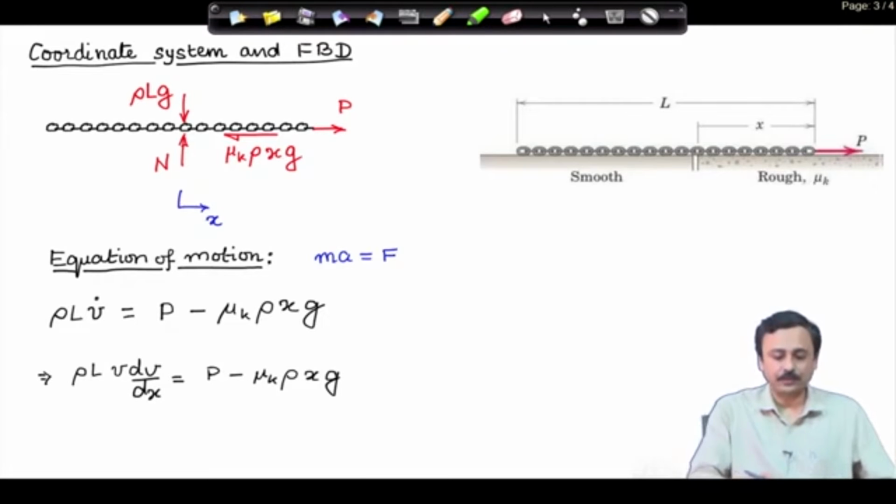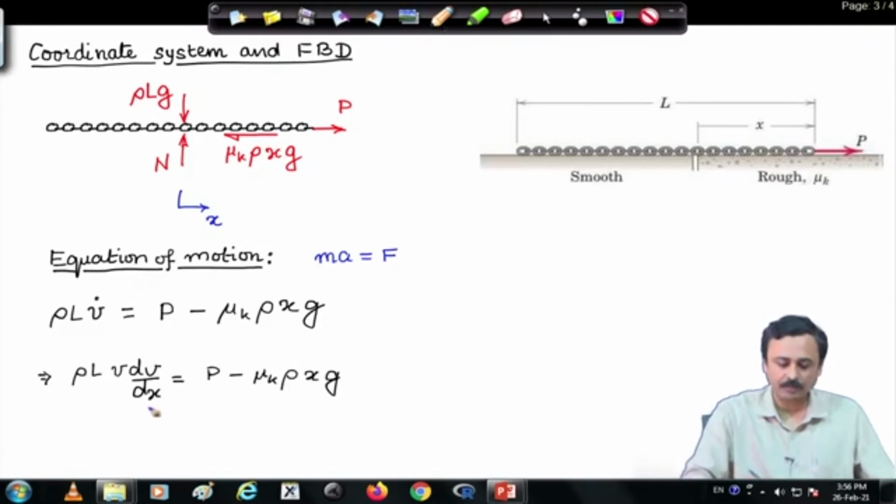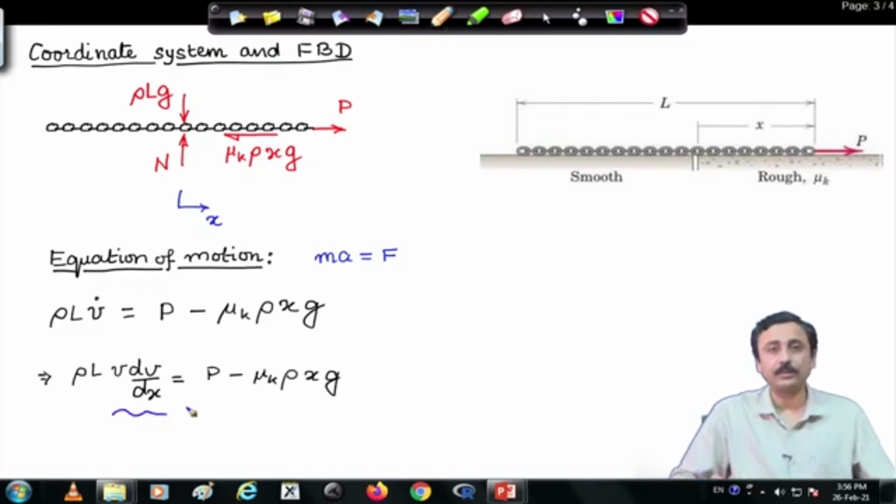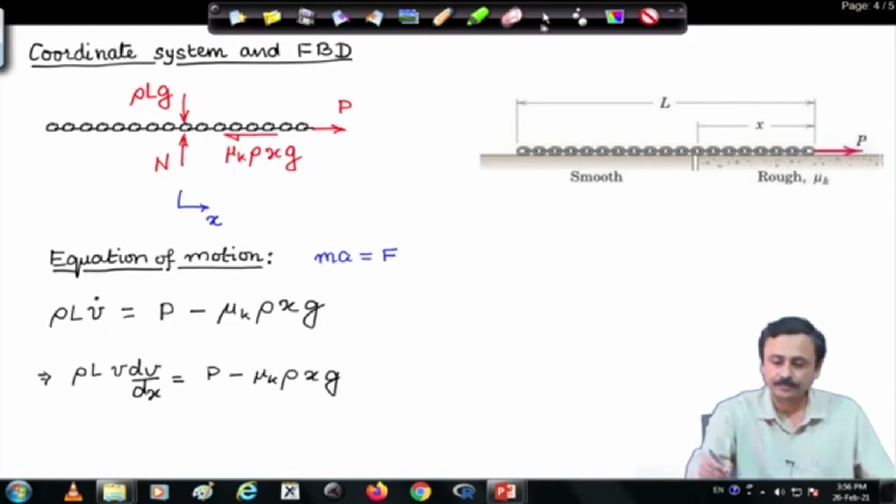Now, here you see that v dot, which is acceleration, is a function of x. Because it is a function of x, therefore, I transform the acceleration to v dv dx. This we have seen many times before, because our acceleration is a function of x.